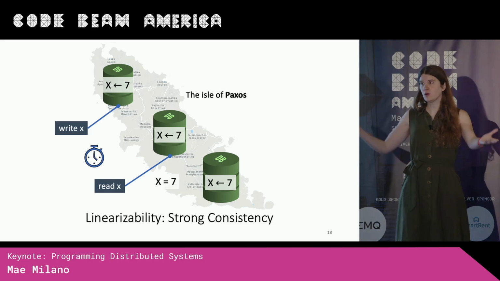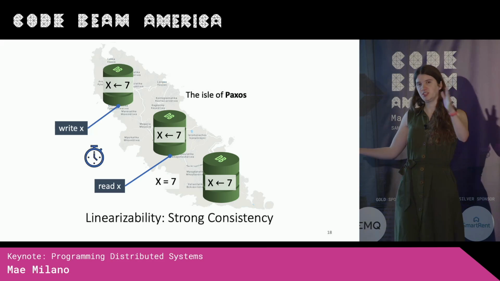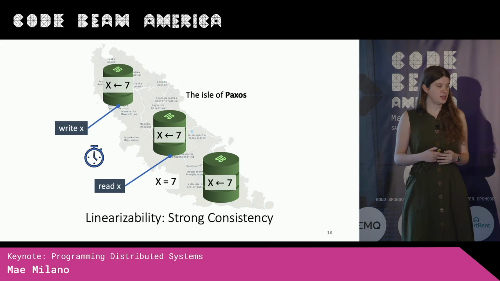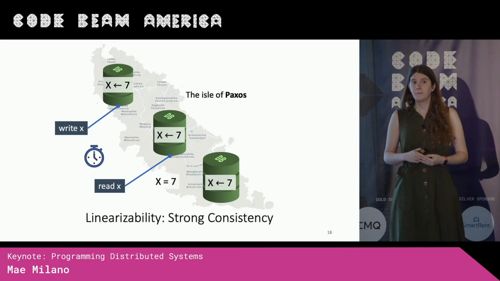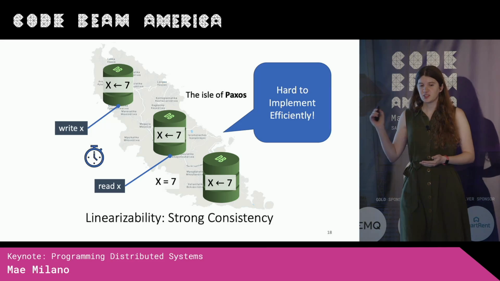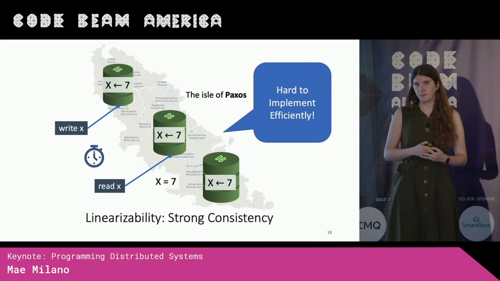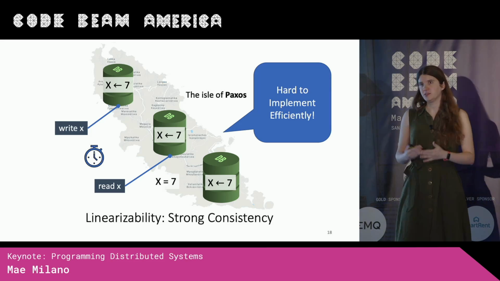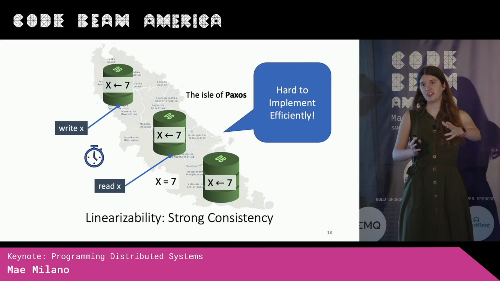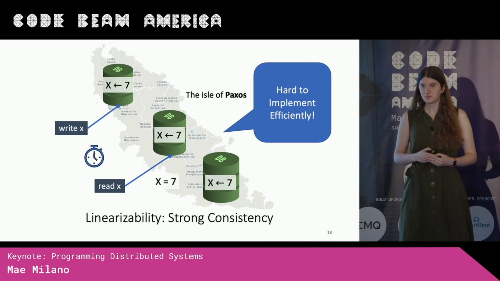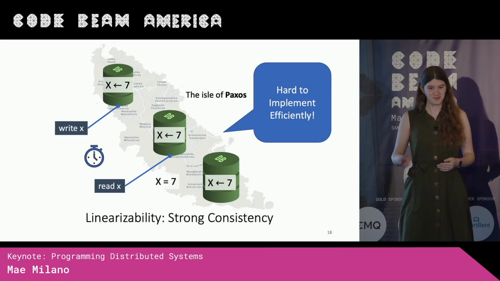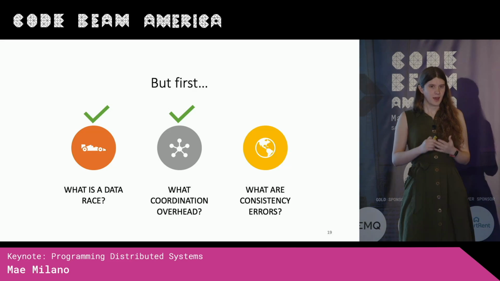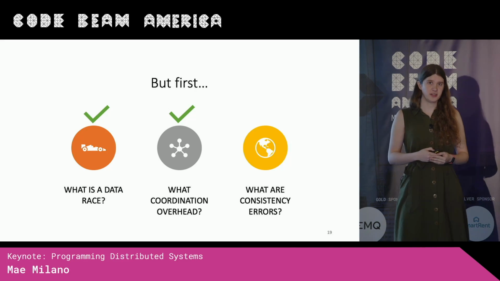It lets you ignore all of the concurrency and replication and distribution here and treat everything like it's just one machine. But much like transactions, it's actually somewhat hard to implement efficiently, working best at small scales, like geographic scales, like single islands, like, say, Paxos, which is the name of an island in Greece. And this tends to be our sources of coordination overhead.